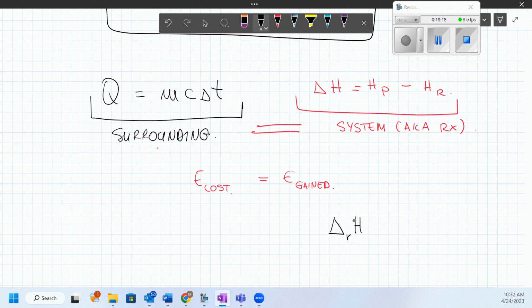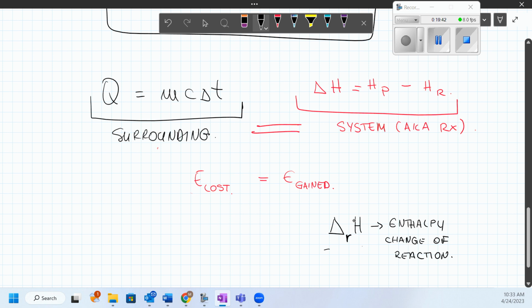To say that it is the reaction, we have the letter R here. This is the indication that we have for the enthalpy change of reaction.